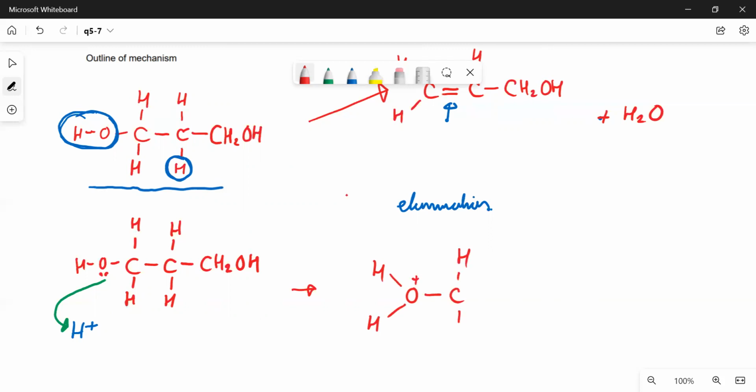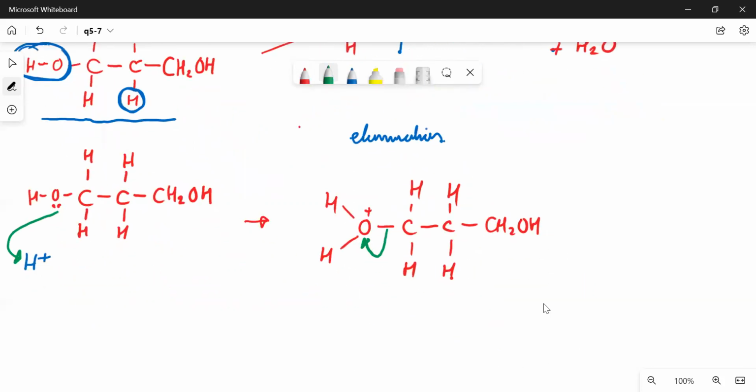That's why you need the acid catalyst. Now that bond breaks, and you're going to release water, and of course that's going to leave a positive charge on that end carbon.